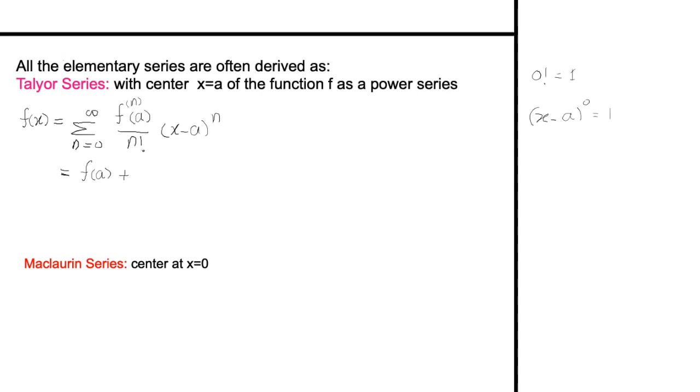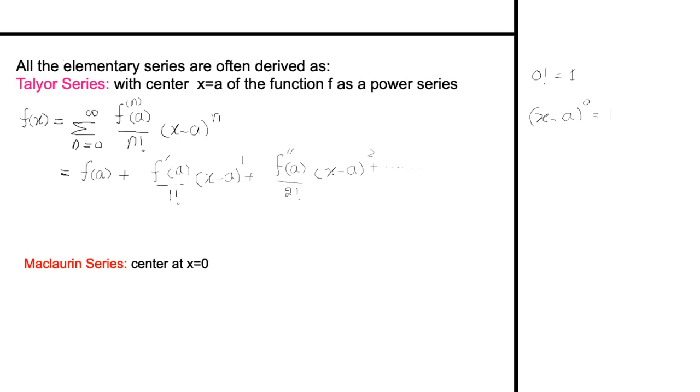The second term will be f prime of a, which represents the first derivative evaluated at point a, divided by 1 factorial, times x minus a to the power 1. The next term, for n equal to 2, will give us the second derivative of the function evaluated at point a divided by 2 factorial, times x minus a whole squared, and the series will continue.